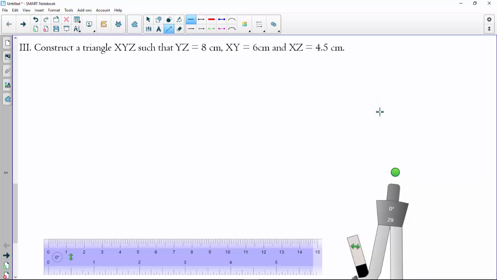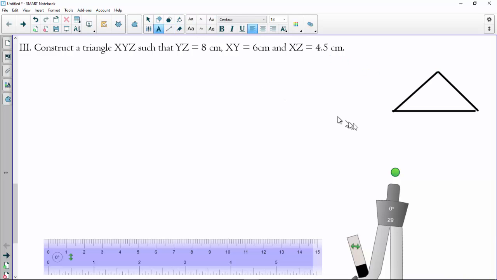We know we're drawing a triangle, so YZ, it's 8 centimeters. This line will be 6 centimeters, and here will be 4.5 centimeters. So let's label it properly one time.